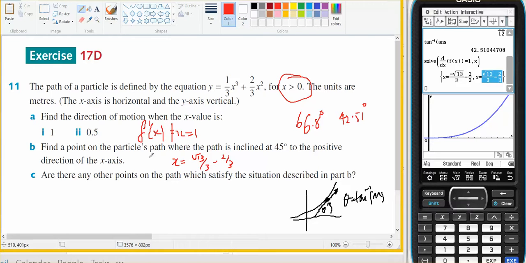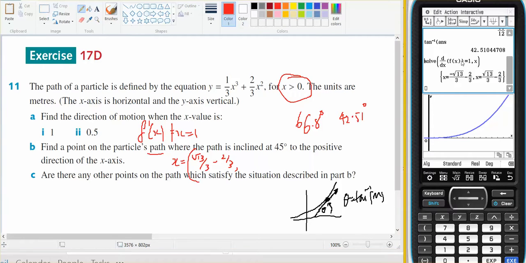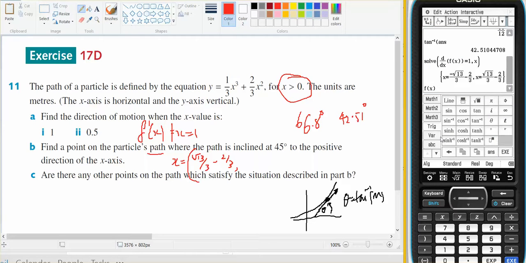To find a point on the path, I probably need the y coordinate as well. That will be f of x with x equal to this.